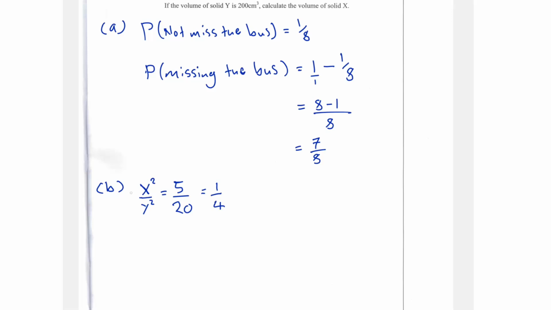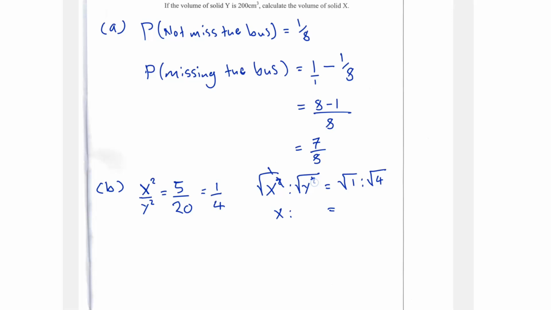We introduce a square root on both sides. So I can write the square root of x squared, and the square root of y squared, equal to the square root of 1 and the square root of 4.